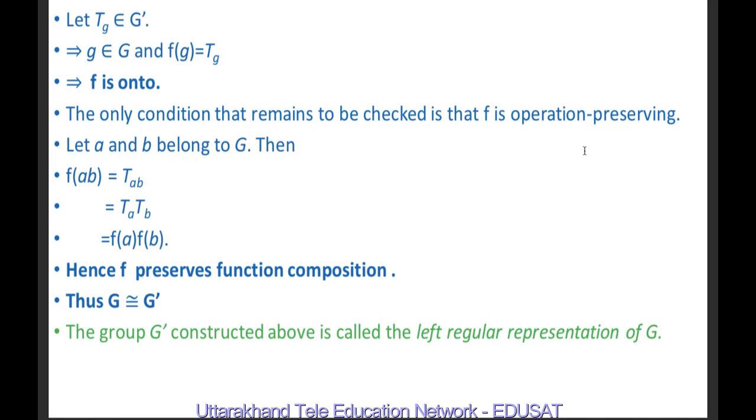Let a and b belong to G. f(ab) equal to Tab. Tab is nothing but Ta into Tb, by the first property, and this is equal to f(a) into f(b). So f(ab) is equal to f(a) into f(b). It means f preserves function composition. So we have shown that it is a function, it is 1-1, it is onto, and it preserves function composition. It means G is isomorphic to G'.